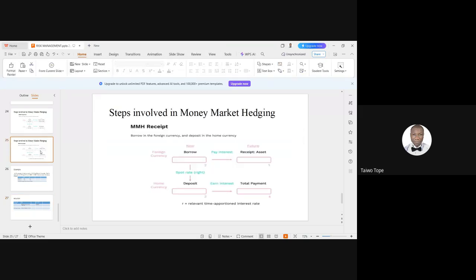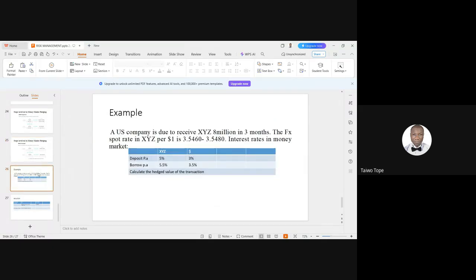In your home currency. So this value that you borrowed and you now made a deposit of, what will this deposit result into after 3 months in your home currency? We'll calculate an interest for the period of the money we deposited.